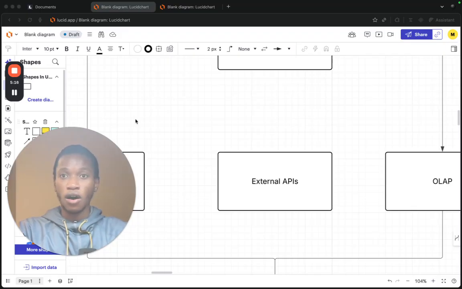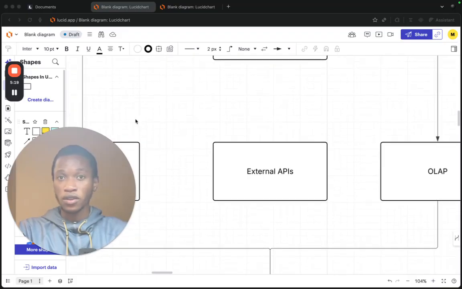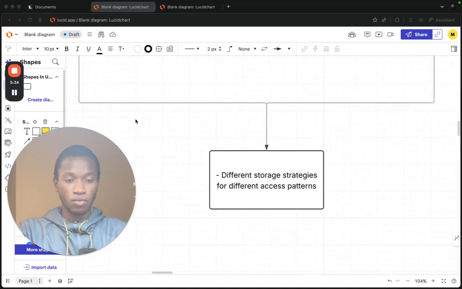These are experts you rent, not employees you own, right? So what are external APIs? They're basically consultants you pay by the month. And so different storage strategies for different access patterns, right?